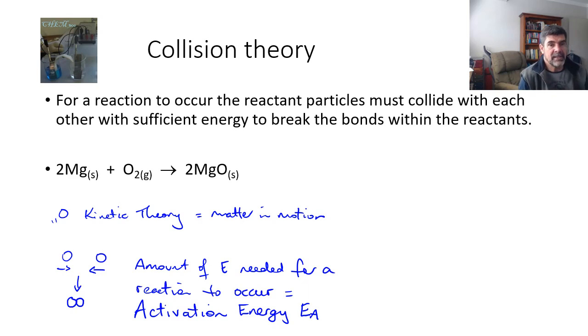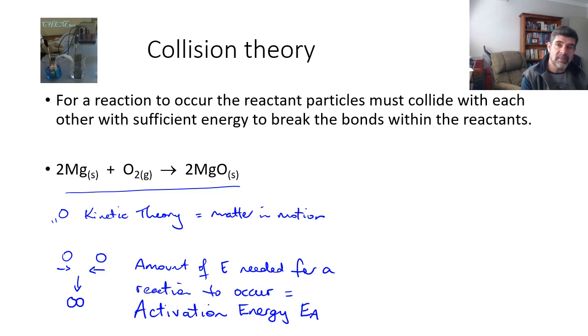To explain this in a little bit more detail and put it into a context, a reaction that is common to most people is the reaction between magnesium strips, magnesium solid, and oxygen gas. When the magnesium and the oxygen are reacting, you get this very bright flame, and at the end you get a white powdery substance, which is magnesium oxide.